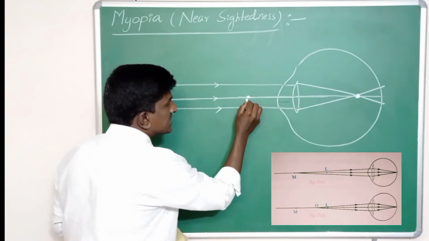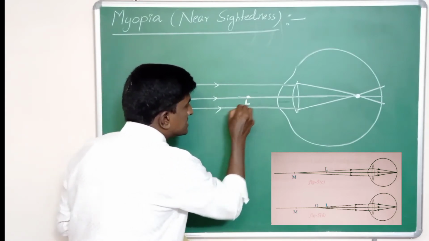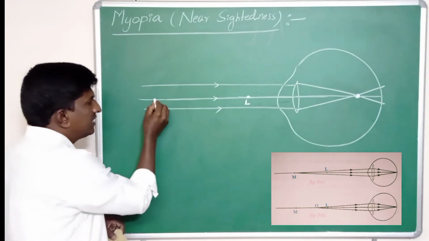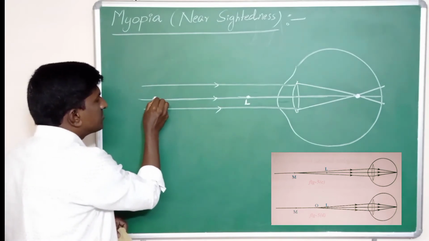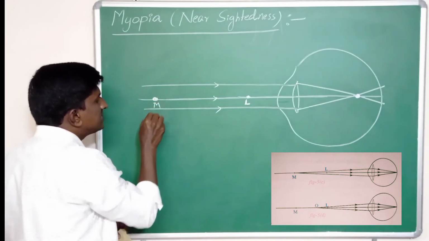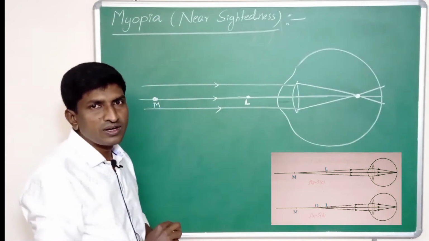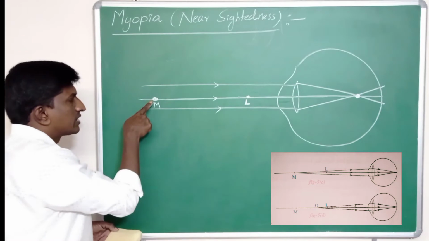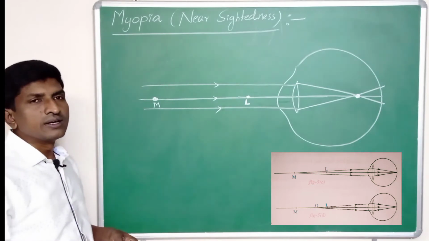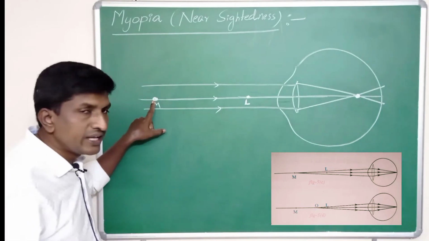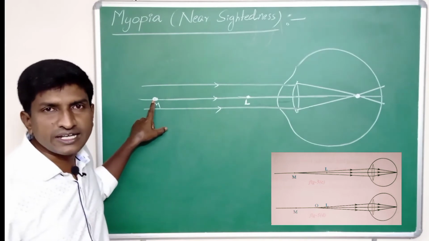Let us say this is the least distance of distinct vision, and let us say the extreme point that a person with myopia can see is point M. Up to point M he can see the objects clearly.